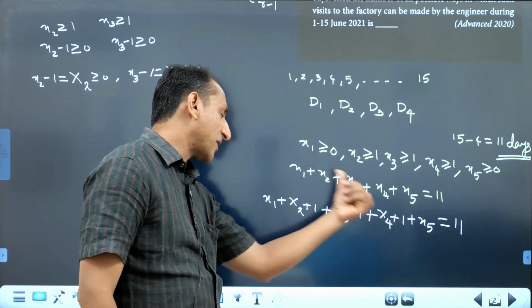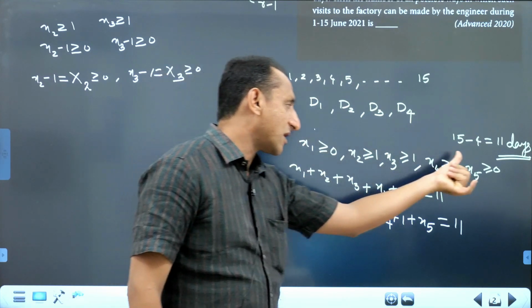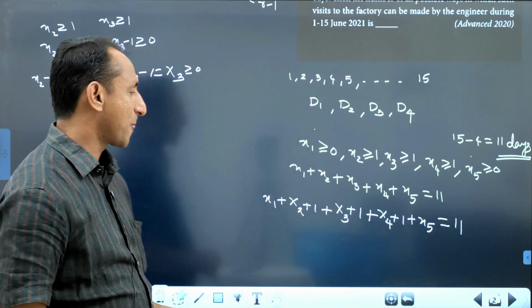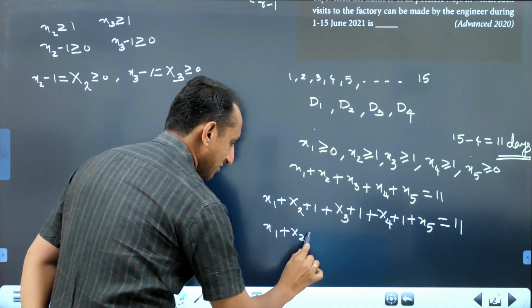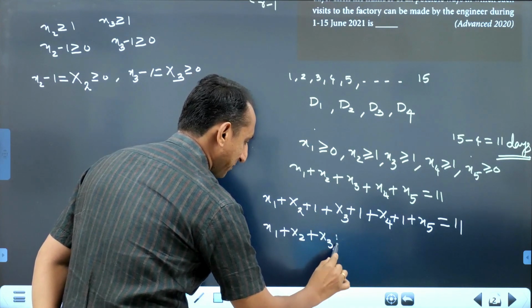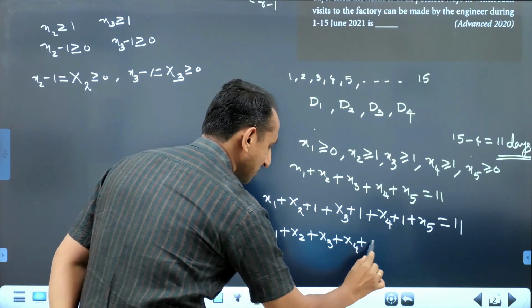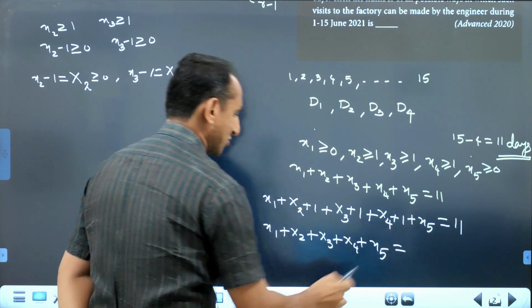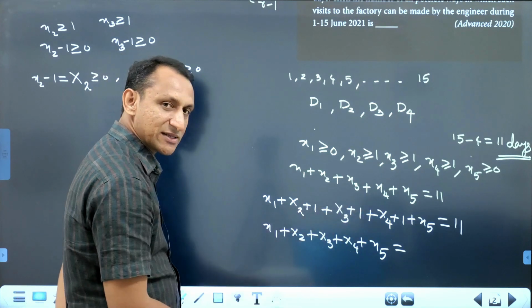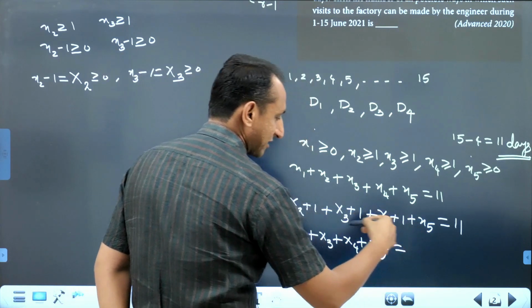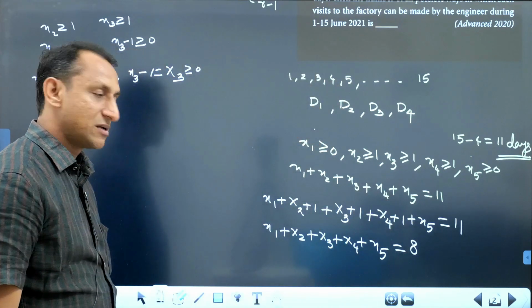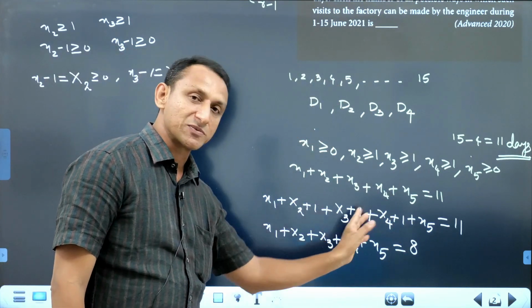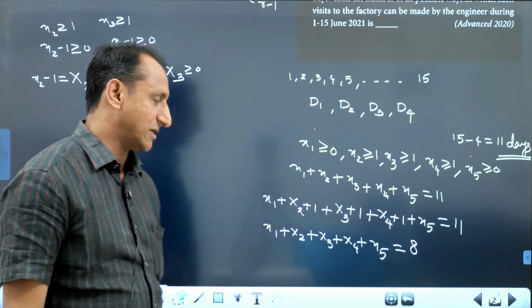Small x5 and x1 are both greater than or equal to 0. From this we write x1 plus X2 plus X3 plus X4 plus x5 equal to 11 minus 3, with the 3 shifted to the right side, which becomes 8.